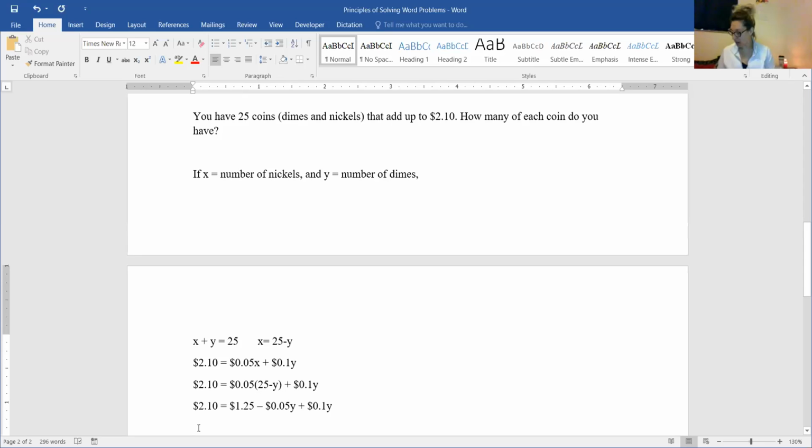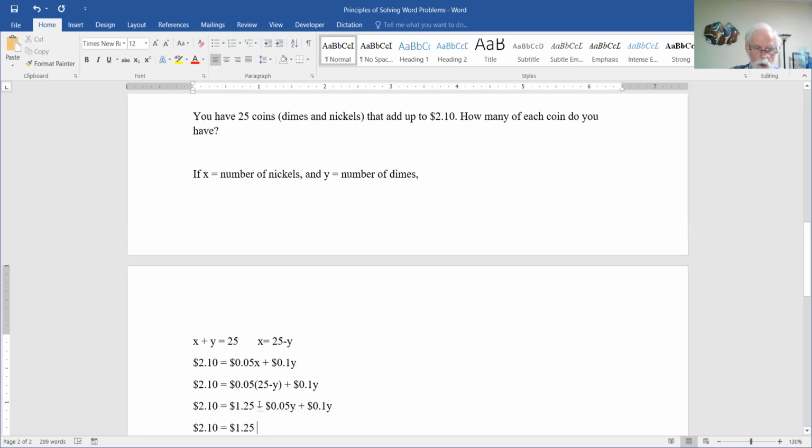So now we would add, correct? The 0.05 plus the 0.1, and that would be 0.15. Now we have a minus 0.05 and a plus 0.1.